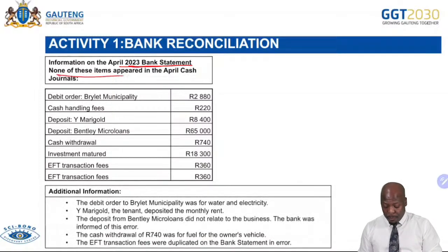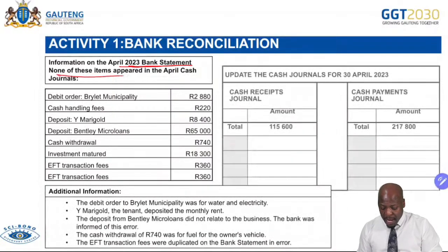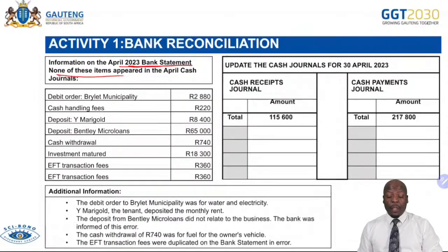There is additional information, and what we're going to have is our cash journals. Let's begin with the first one. It reads, debit order, Brylet Municipality, 2,880. So if you have a debit order, we are told here in the additional information that the debit order was for water and electricity.